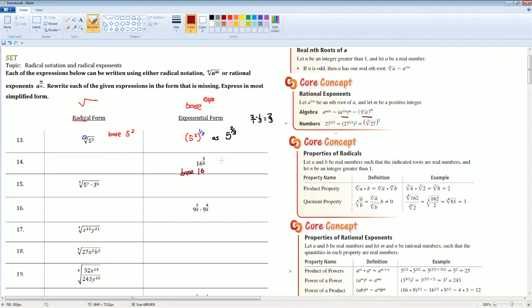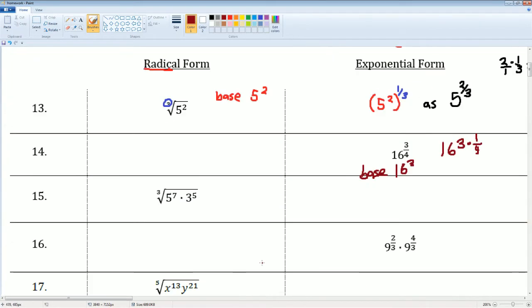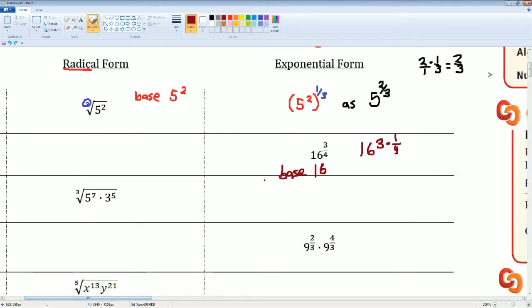This can be written as 16 to the 3 times 1 over 4. So the base here can be 16 to the 3. Let me just zoom in a little bit, much better. So the base could be written here as 16 to the power 3.